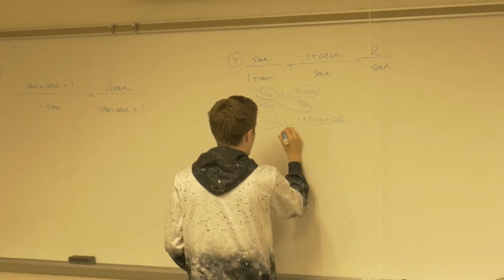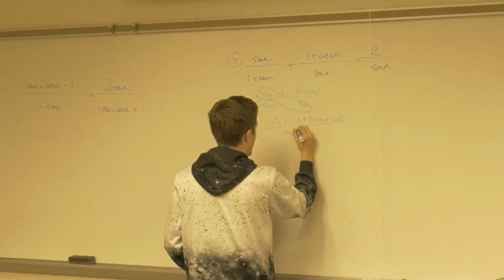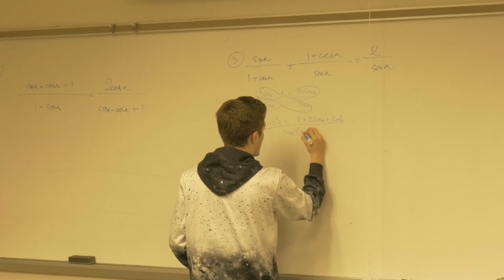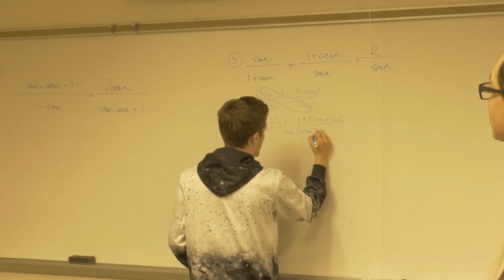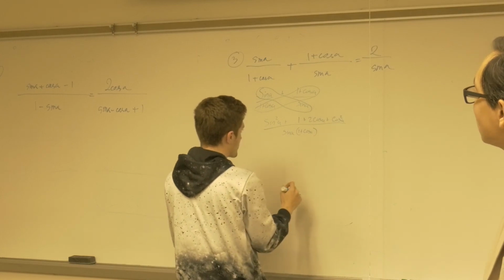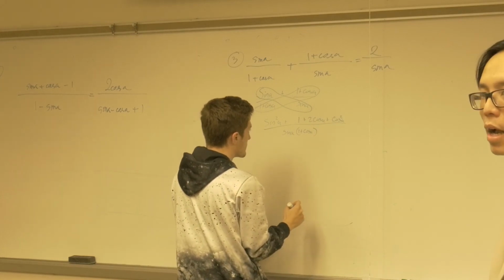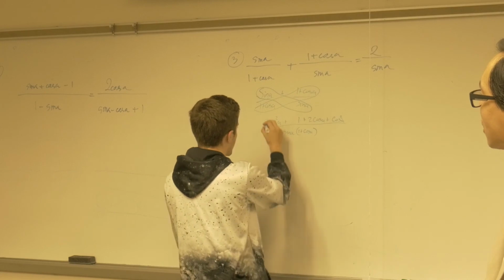Any idea how to start the problem? I multiplied top and bottom by 2. Multiply top and the bottom by 2. Okay, I think that's not that bad. Any other idea?